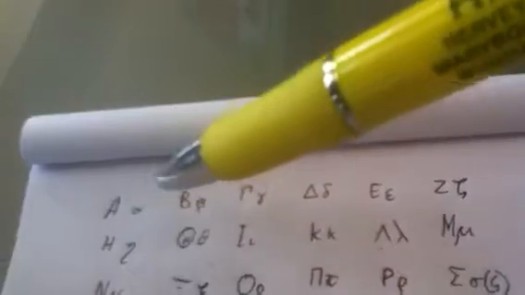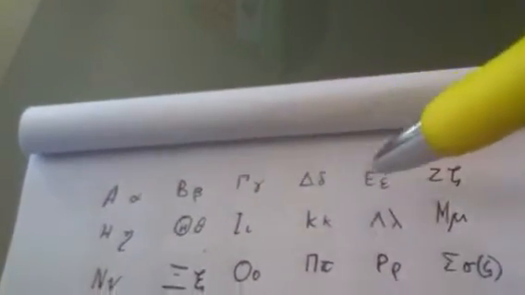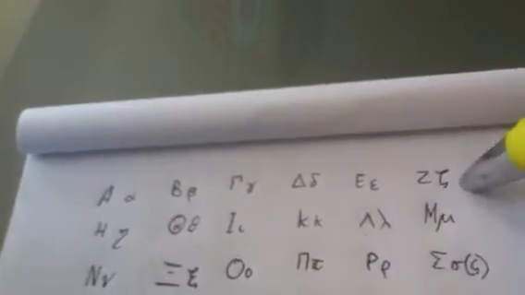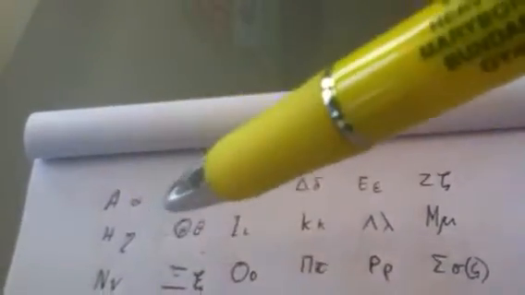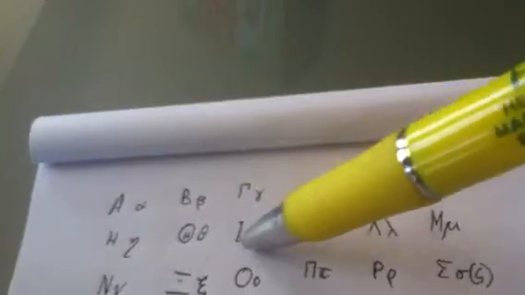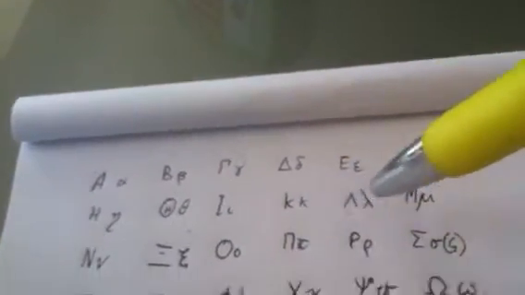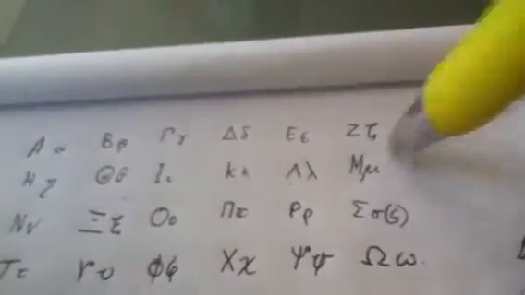So to refresh, there is alpha, beta, gamma, delta, epsilon, zeta, eta, theta, iota, kappa, lambda, and mu.